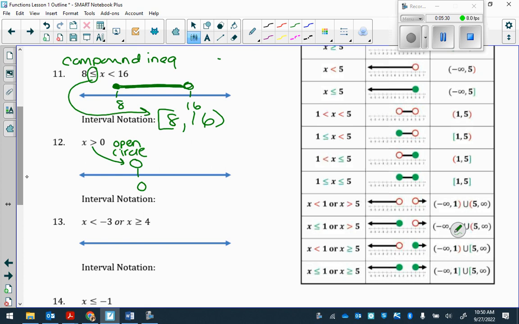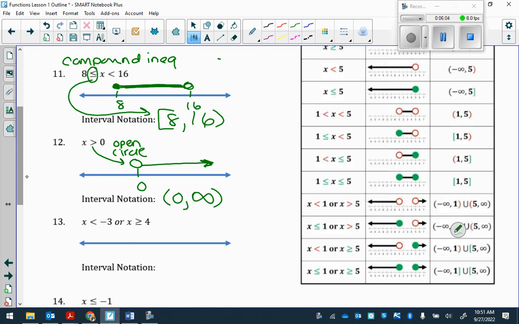To the right. Where is it heading to? Infinity. So since this is greater than, I'm going to have parenthesis 0, and then infinity, where it keeps going forever, right?